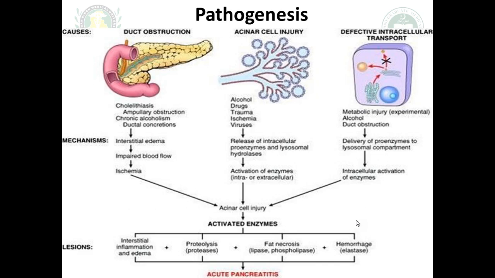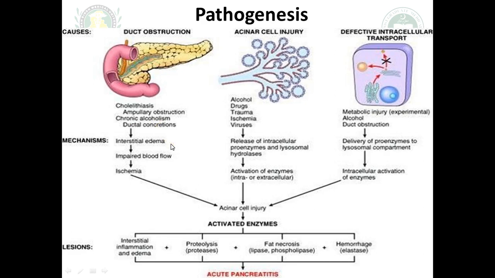So basically why does acute pancreatitis occur? There are three mechanisms. One is duct obstruction. Duct means pancreatic duct obstruction. So the main reasons are again cholelithiasis, a slipped gallstone which goes to the common bile duct and gets blocked at the ampulla of Vater, and chronic alcoholism, which causes ductal concretions and causes damage, obstruction.